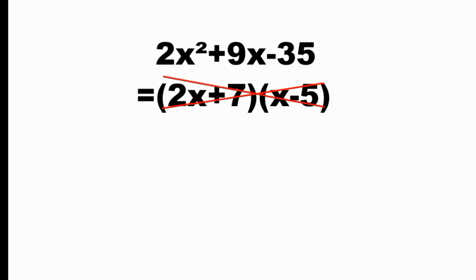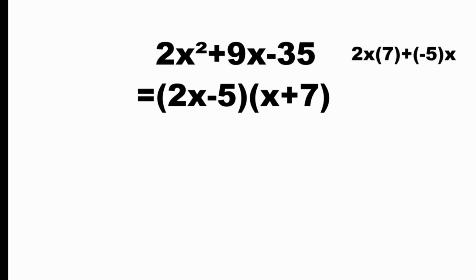If we change it, we have the quantity 2x minus 5 times the quantity x plus 7. If you multiply this, we have 2x times 7, which is 14x, and negative 5 times x, which is minus 5x.